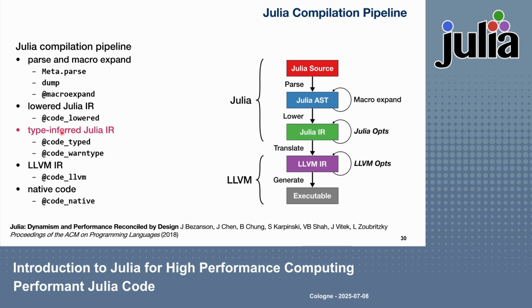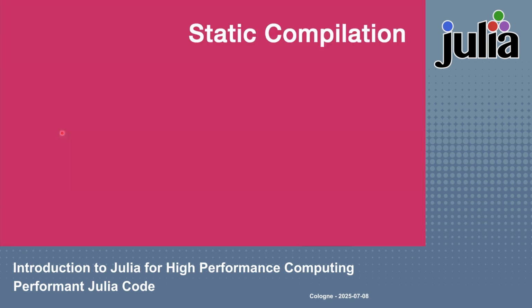As a developer using Julia for your work or research, you must make sure that the type-inferred Julia IR is correct, without any Any types. Otherwise, the performance will be very, very bad. I think this is the end of the compilation pipeline. So one key takeaway is to make sure the type-inferred Julia IR is correct without any Any.